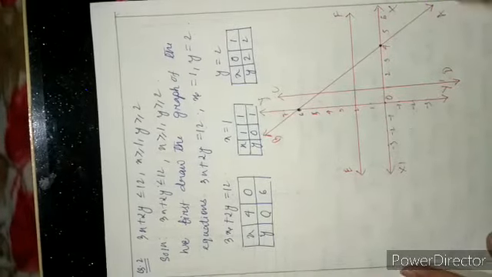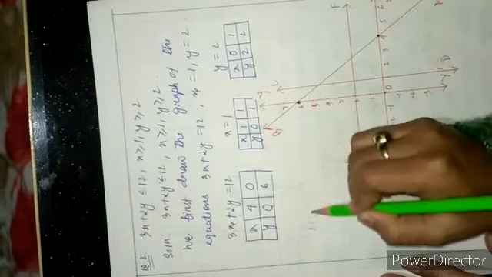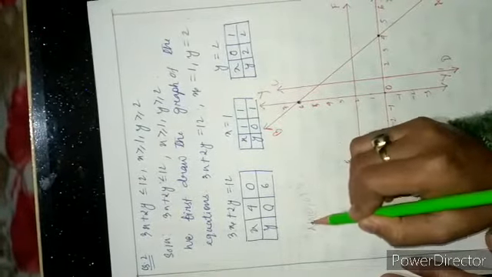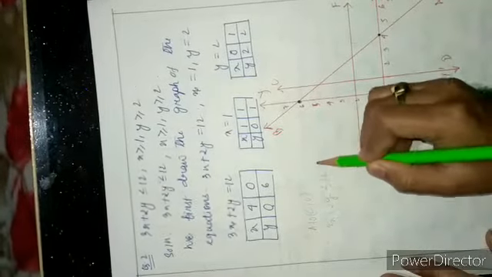To find the correct half plane, take the coordinates of the origin. At origin, 3x plus 2y less than or equal to 12.